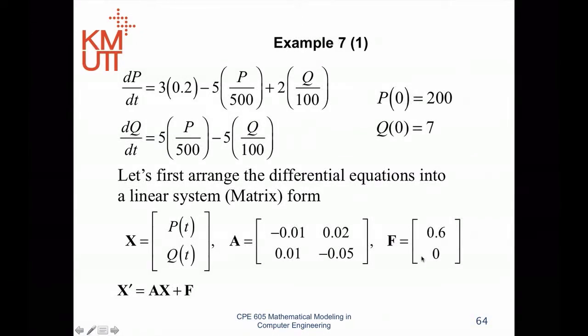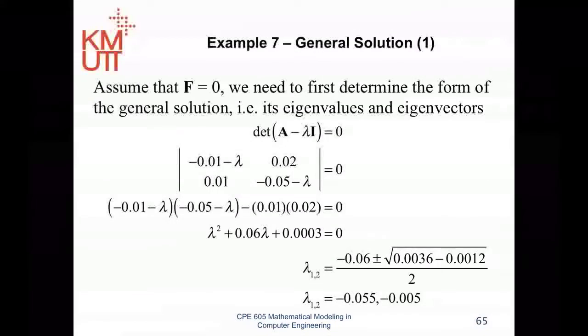To determine the solution, we need to first determine the general solution of the system, then the particular solution. Let's look at the general solution first. Solving for lambda, we have lambda equals minus 0.055 and minus 0.005. These are two real and distinct eigenvalues.